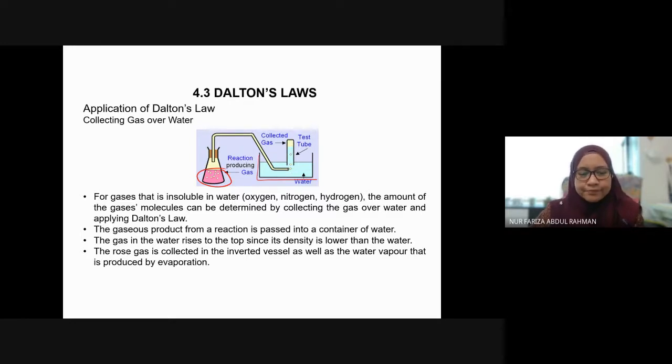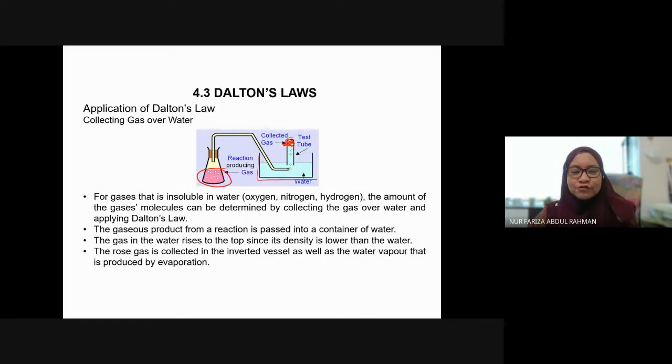Okay, alright. Syarat dia kena make sure that you are producing gas that is insoluble in water. Okay, barulah gas tu tak akan react dengan water ataupun dissolve in water, interact with water. So dia akan lalu je in water tu and then dia akan vaporize, dia akan goes into this test tube. Dia akan duduk dekat atas ni. This is where the gas is collected.